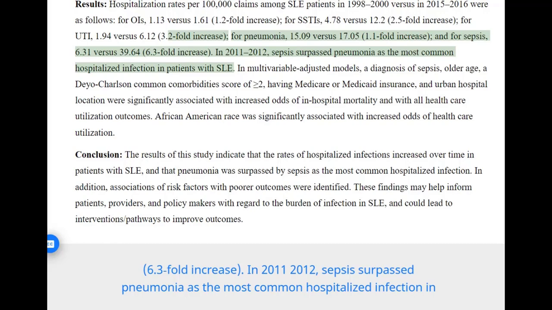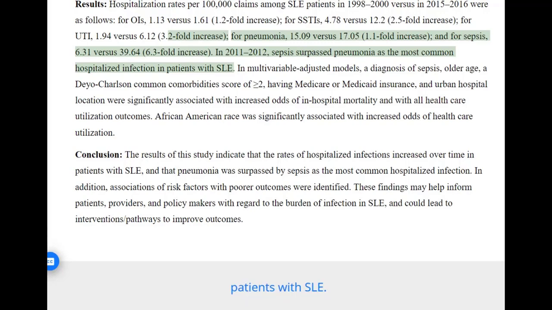In 2011-2012, sepsis surpassed pneumonia as the most common hospitalized infection in patients with SLE.